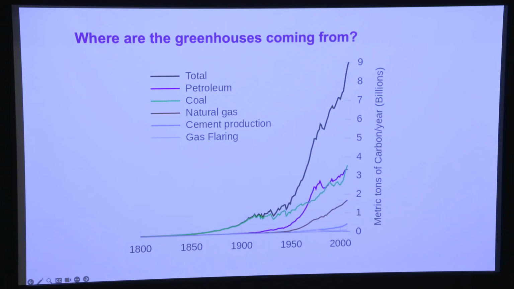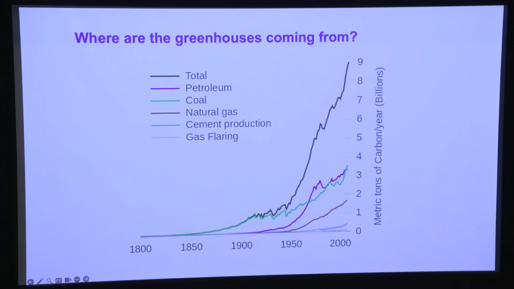This is an older chart that I have where we just see where the greenhouse gases like CO2, methane, nitrous oxide, and other gases are coming from over time. And so from the early 1800s to a little past 2000, I don't have a more recent chart that I could find, the total greenhouse gases was 9 billion metric tons of carbon per year.